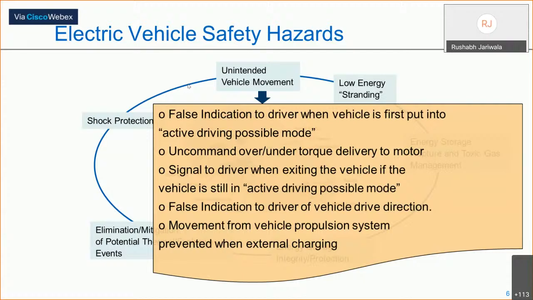Now there are so many things in which we are just processing software and algorithms based on the equivalency of the accelerator pedal input we have received. If there is some error in this, then one can generate more than the required torque or less than the desired torque, and it can ultimately result in unintended acceleration and deceleration.